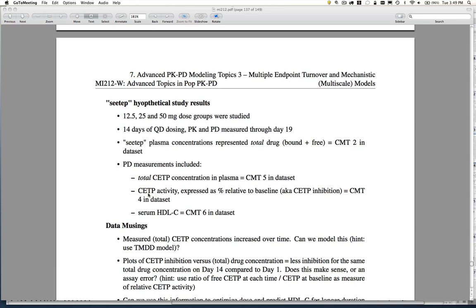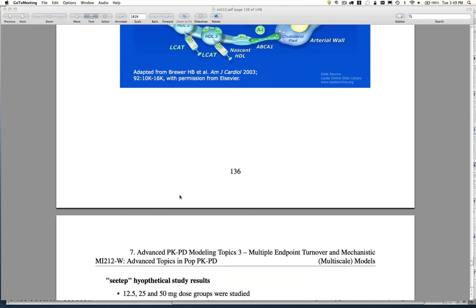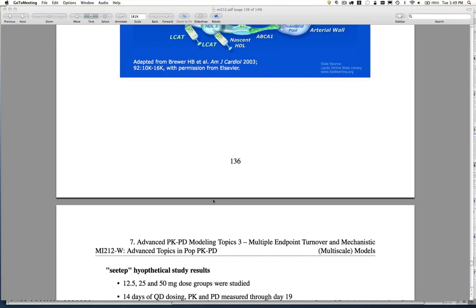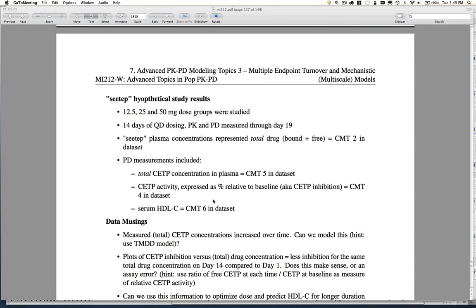And if you think of relative activity, it is based on the amount of free CETP there is. If CETP is bound, it can't do what it needs to do. It can't be involved in this process. So as soon as you bind CETP, it becomes inactive.